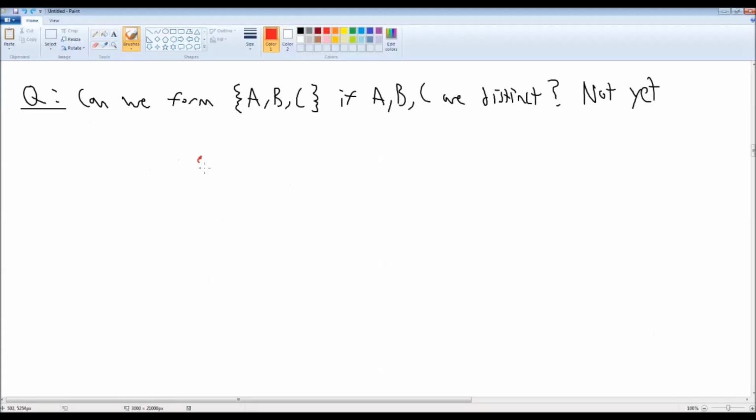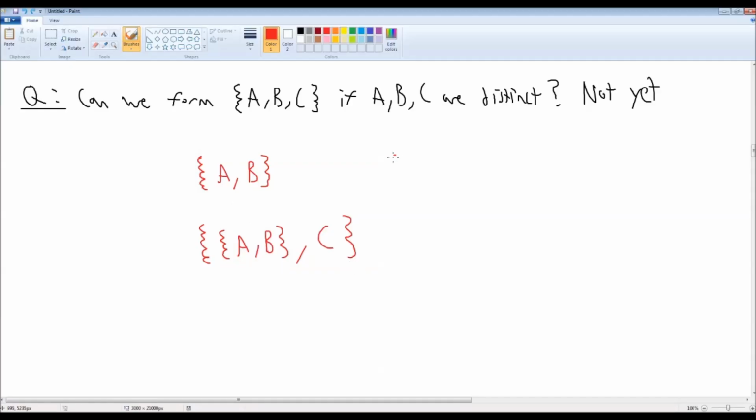So for example, if you have A, B, and C, you can make the pair containing A and B, and you can pair that with C, so you can have the pair containing 2 sets, namely this set as well as C. Okay, but still, this isn't a triplet because this doesn't have 3 sets. It only has 2 sets, this guy and this guy.